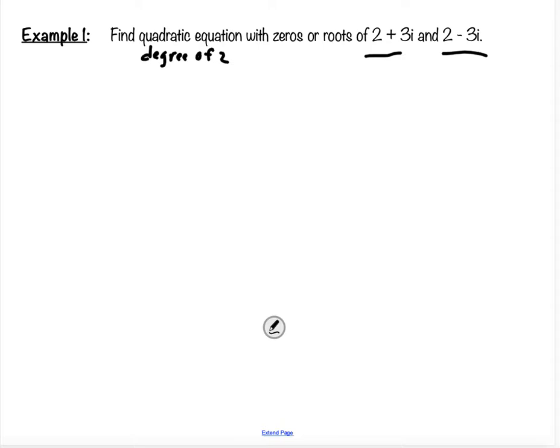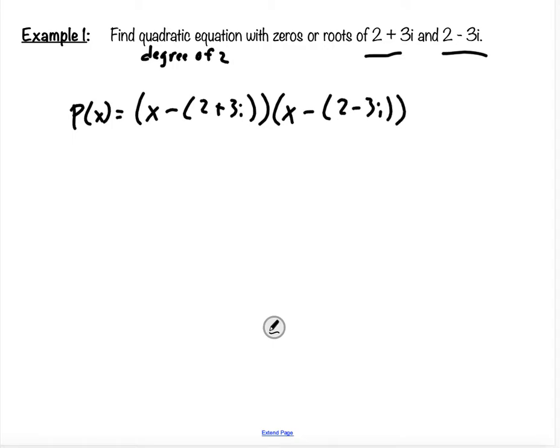So you can do p of x equals x minus each one of those. And then I would distribute my minus signs through.